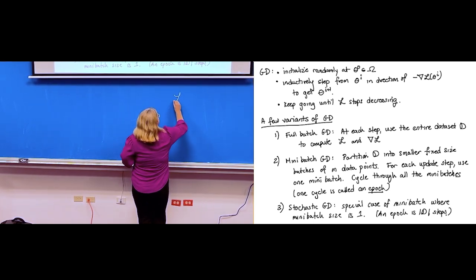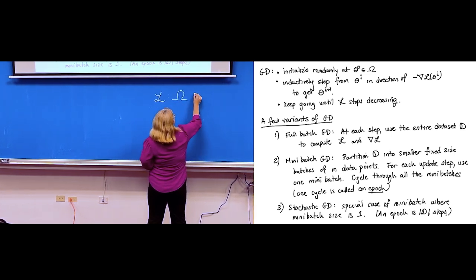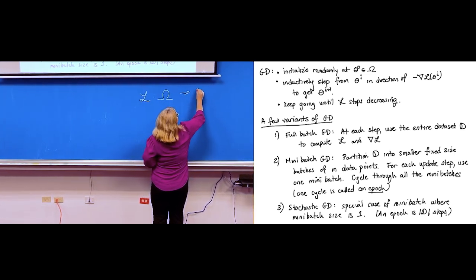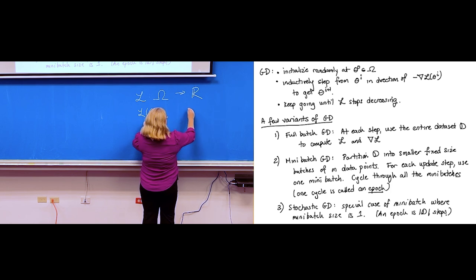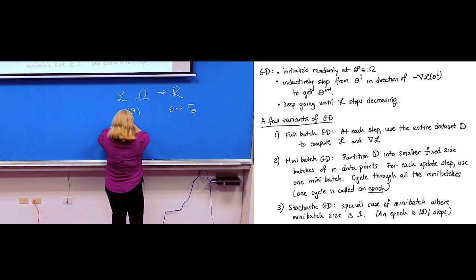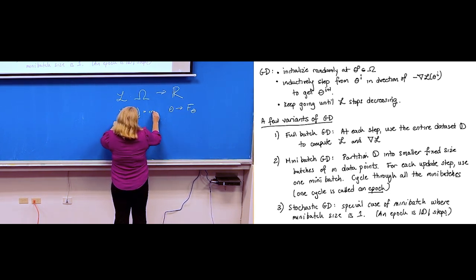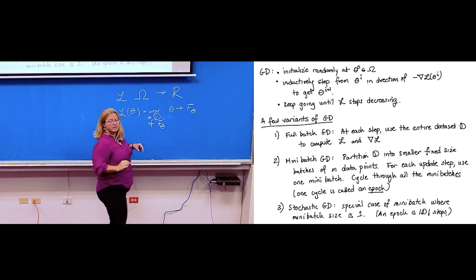So I'd say that my loss function goes from my parameter space to R. And so what it does is it takes a parameter, and then that parameter gives you a function. So theta gives you the function f theta. And so then L of theta is the error on your data of the function f theta. Did I answer your question?